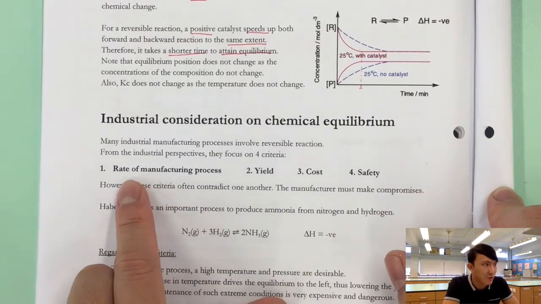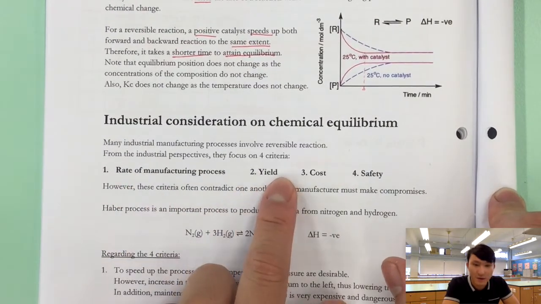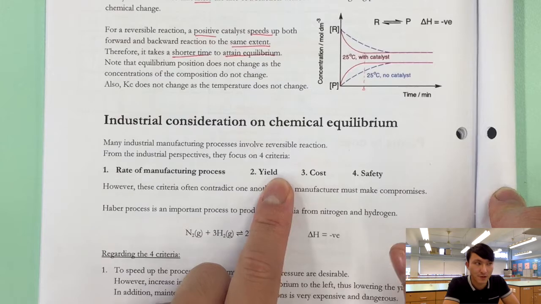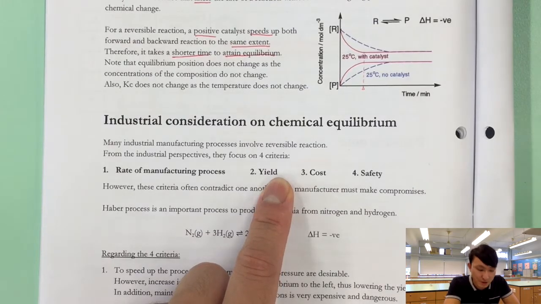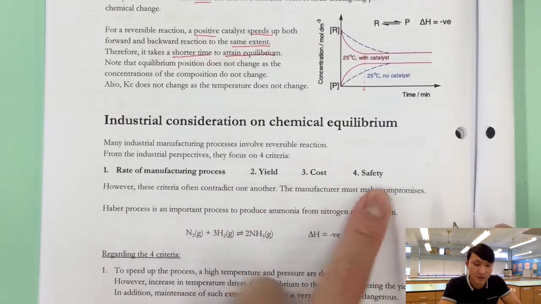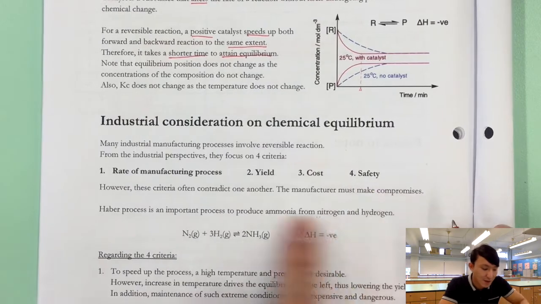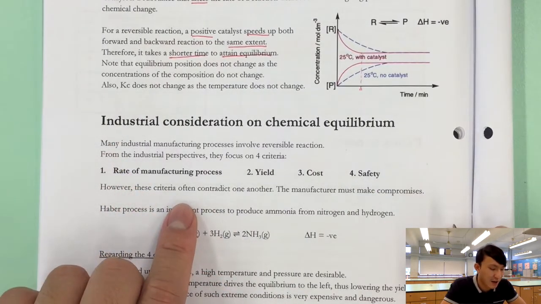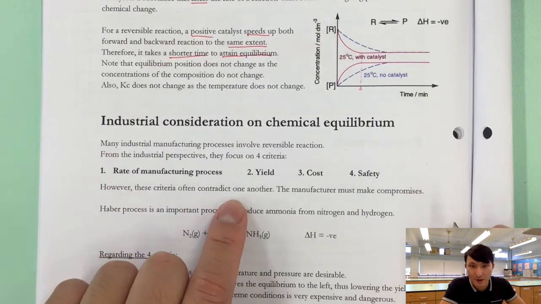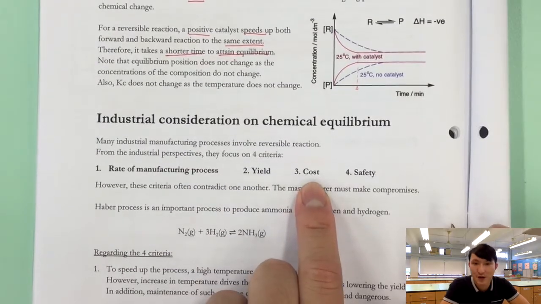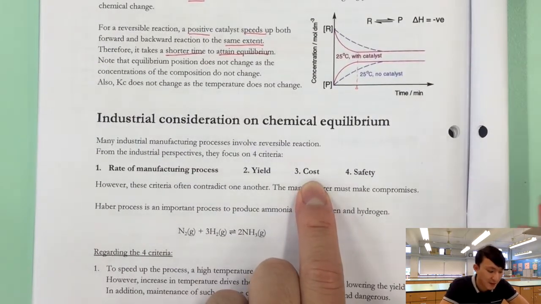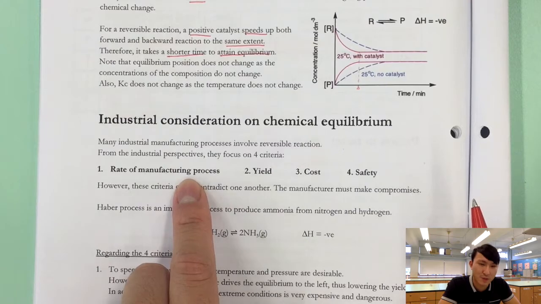So actually, these are what a boss of an industry will have to consider. So here, the rate of production, yield. Yield has to do with the number of goods or the amount of goods, costs, and also safety. Now, these criteria, however, contradict one another. Think about it. If you have to cut costs, probably the manufacturing process will be slower.